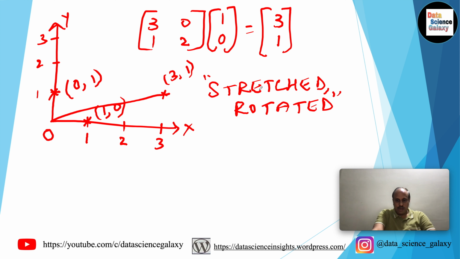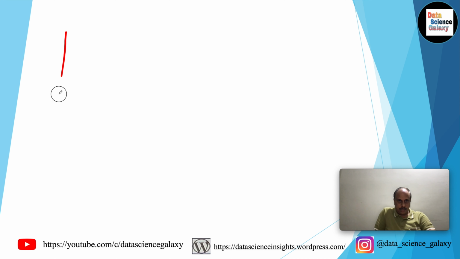So moving on, I'll go to the next example where I take same matrix. Instead of 1, 0, we take 0, 1 for the multiplication of the vector. So let's go here and write it one more time. We had here this point 1, 0, and we had this point 0, 1.